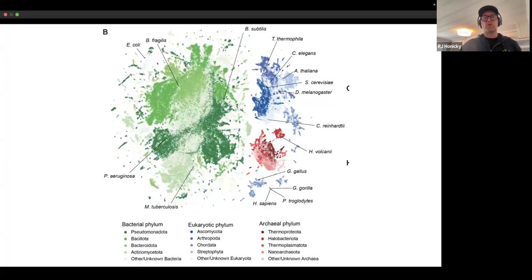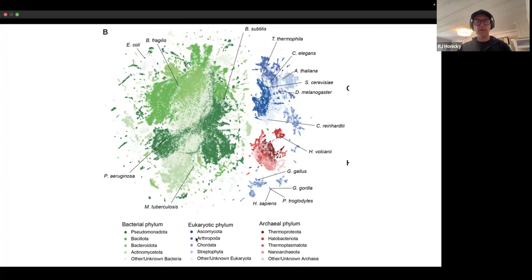So this is the interesting thing about Evo: it's not just for the human genome. They incorporated many genomes. Each point on this UMAP is a separate genome, or at least part of a separate genome, and you can see there's a ton of different genomes here.